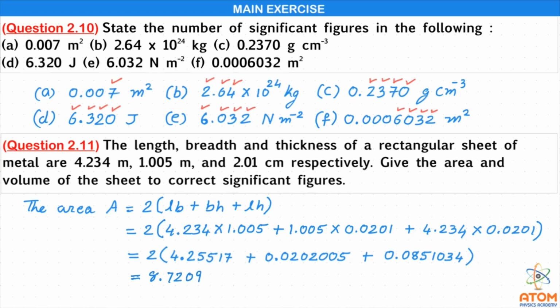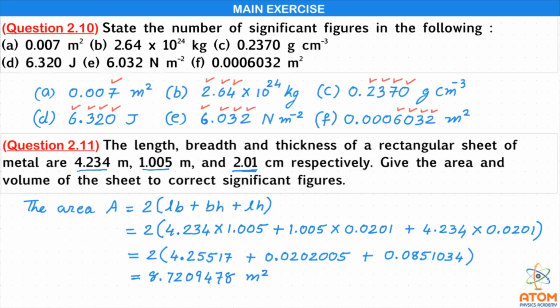Now solving all of this, we will get 8.7209478 meter square. Now using the rule of significant figures, here you can see that the height has the minimum number of significant figures, that is 3. The length and breadth both have 4 significant figures, but this height has 3 significant figures.